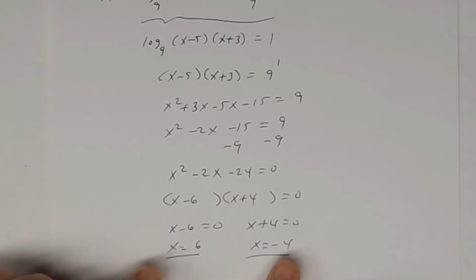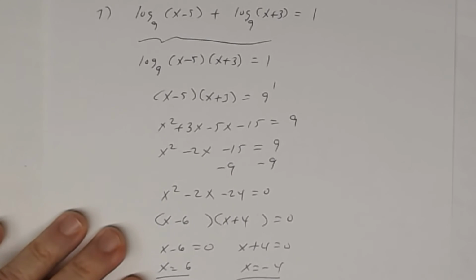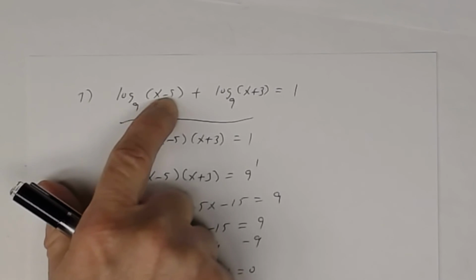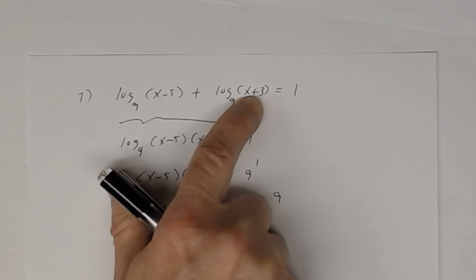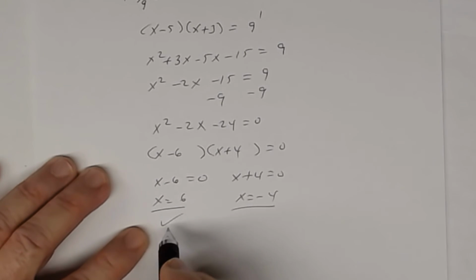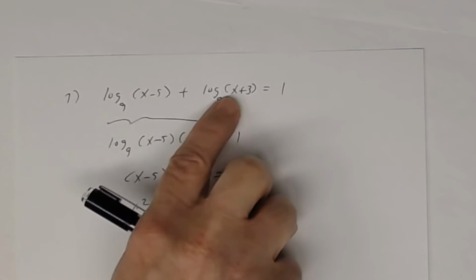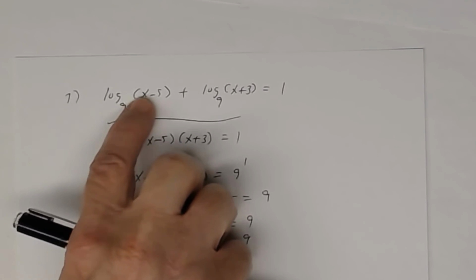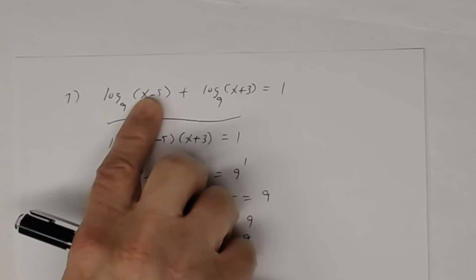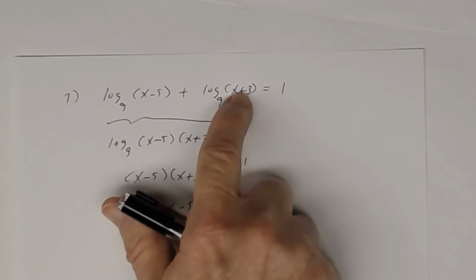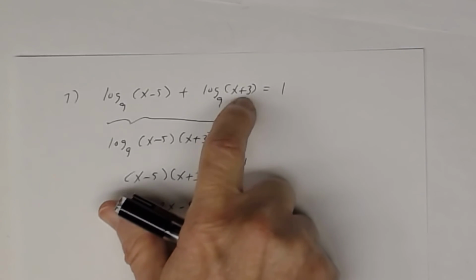But you've got to check both of those. So go back to the original. Let's do the 6 first. 6 minus 5 is 1, and 1 is positive. 6 plus 3 is 9, which is positive. So therefore this one is going to work. Now let's check negative 4. Right away you know negative 4 is not going to work. Negative 4 minus 5 is a negative 9, and also negative 4 plus 3 is a negative 1.